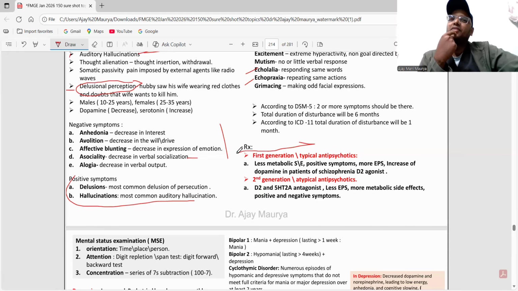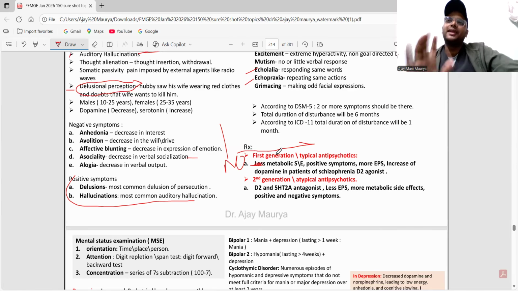First generation has more side effects, while second generation has lesser side effects.